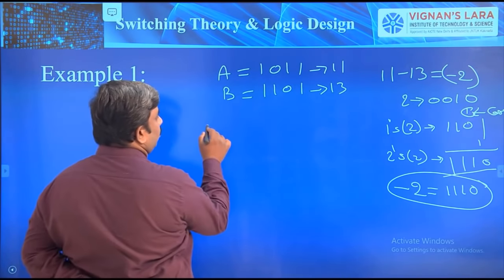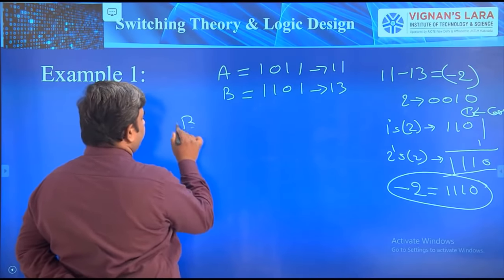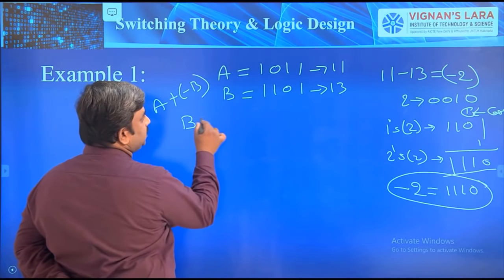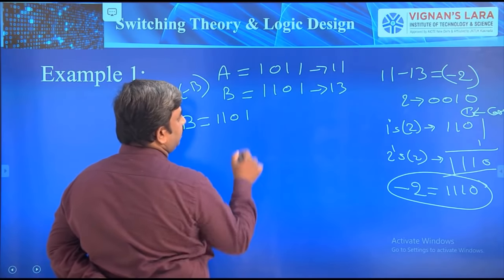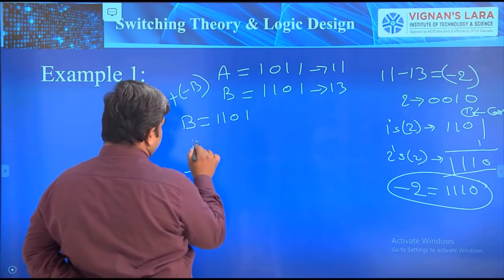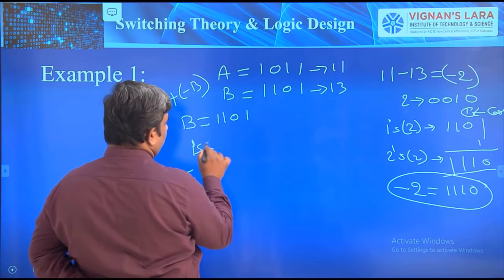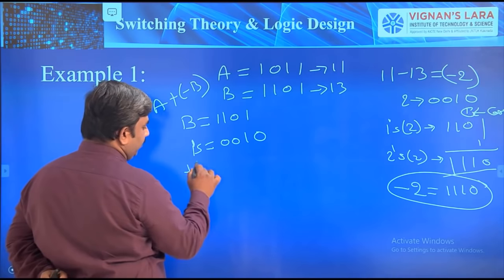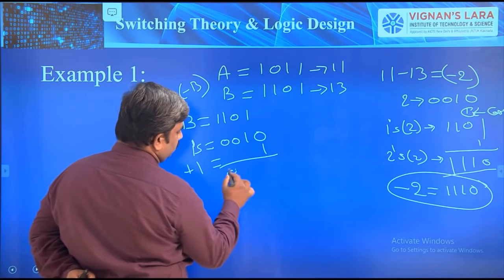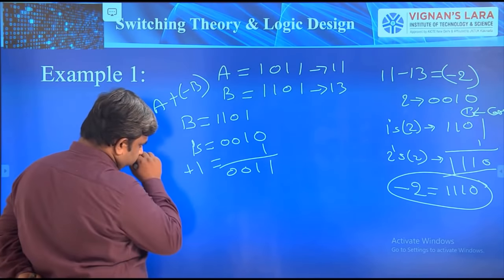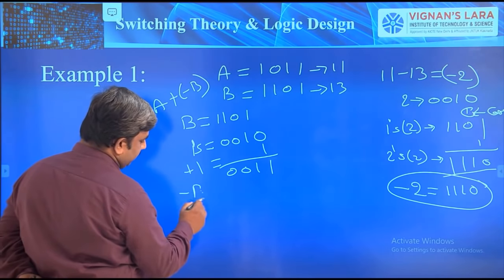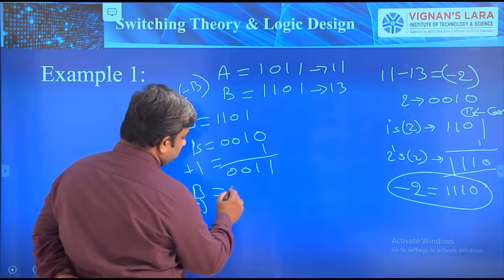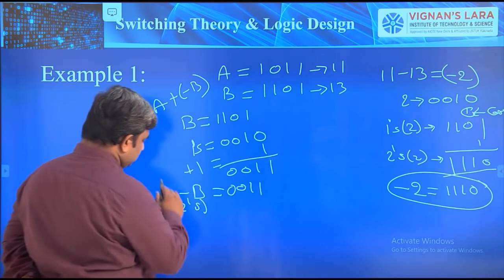Okay. So A is equal to 1, 0, 1, 1. Now I have to do A plus minus B. Now B is equal to 1, 1, 0, 1. For this, take the 1's complement, 0, 0, 1, 0, and add 1 here, giving 0, 0, 1, 1. So minus B, that is the 2's complemented form, is equal to 0, 0, 1, 1.